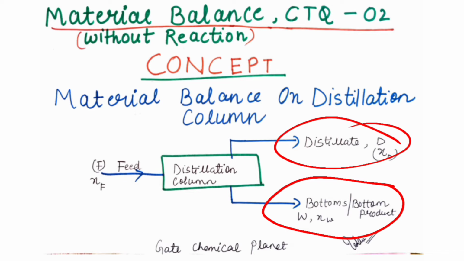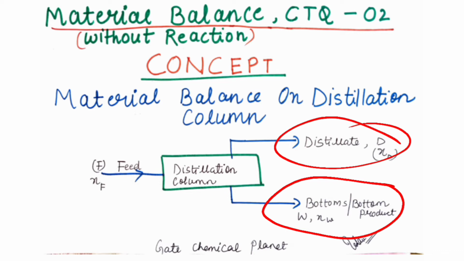The vapor phase is created by supplying thermal energy to the liquid to be distilled, and this method of separation depends on the difference in vapor pressure of different components at a given temperature. So I think it is clear to all the students what we mean by distillation.